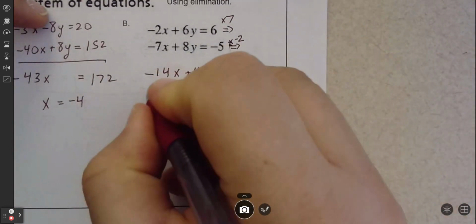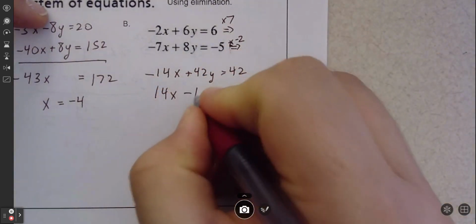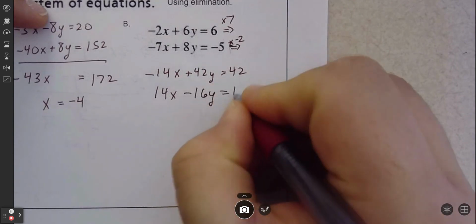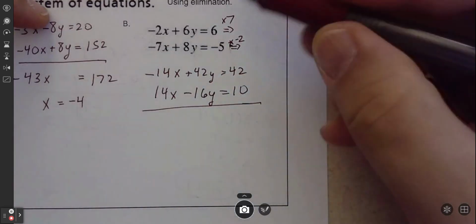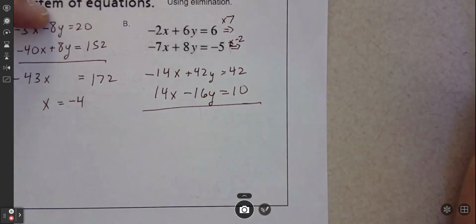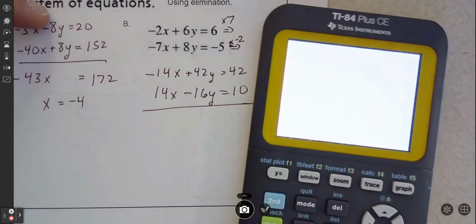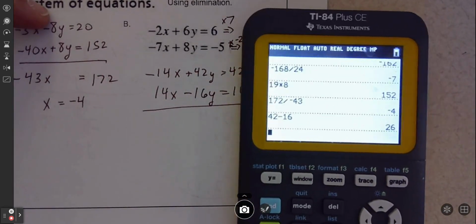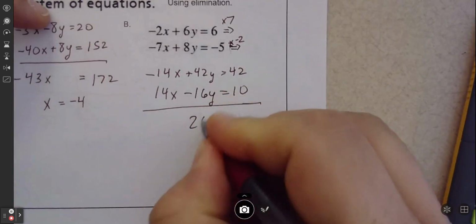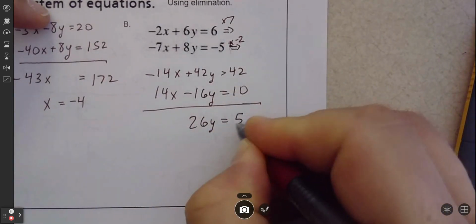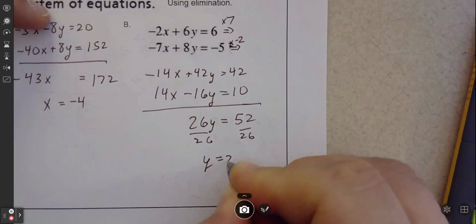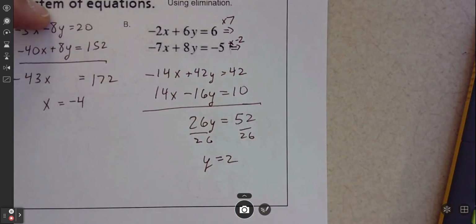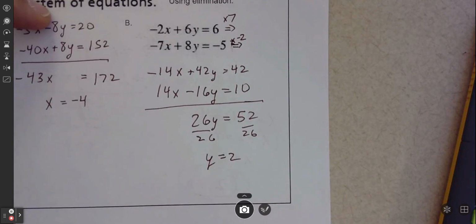Okay, the bottom one becomes 14x minus 16y equals 10. So when you don't have them the same, you just multiply both of them to get them the same. We get 42 minus 16, it's 26y equals 52. Divided by 26, y equals 2. Plug that back in.